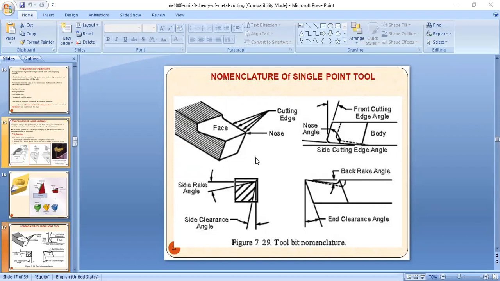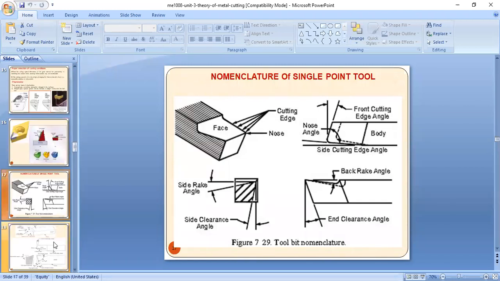Negative rake angle is provided on cemented carbide or ceramic tools. Carbide tools with negative rake are used for machining extra hard surfaces and stronger materials also. Whenever we have mass production, we try to use the negative rake angle. So you learn yourself the advantages of the positive rake angle and negative rake angle also.